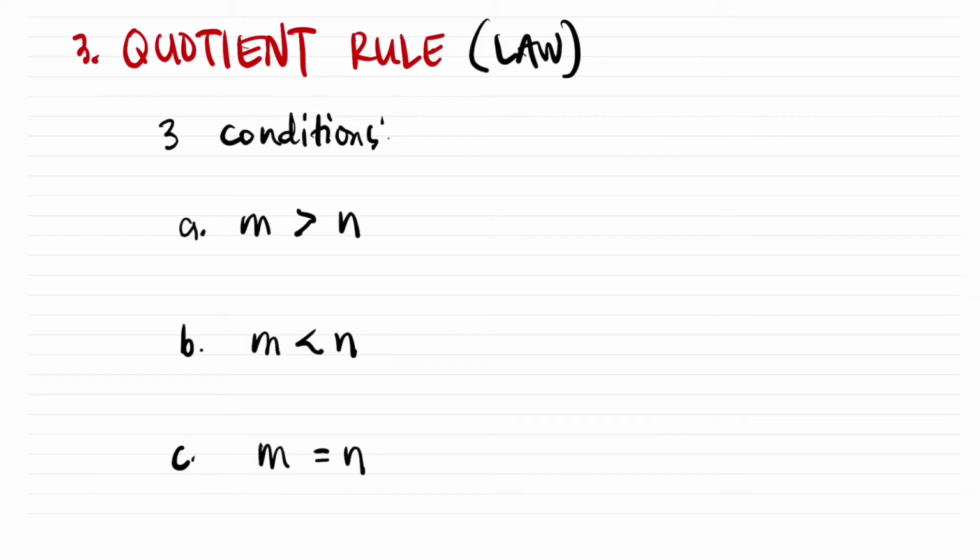When you divide a constant or base that is the same, for example, a to the power of m over a to the power of n, and m is greater than n, the answer will always be a to the power of m minus n. That's the first condition.